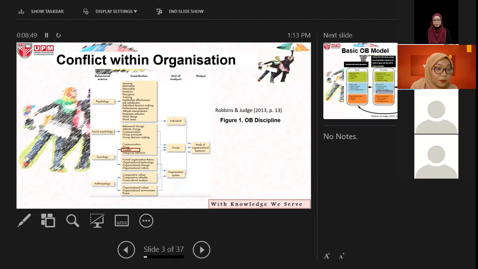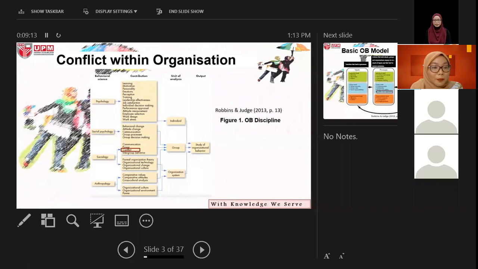Okay, itu contoh. Okay, so another example of conflict at individual level is those who are having OCD. Betul? Yes, betul. Another example is those who are having split behavior.